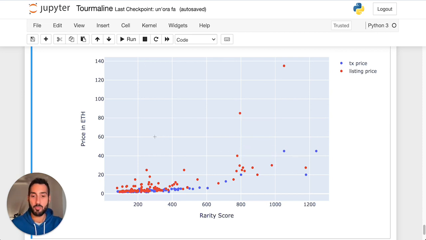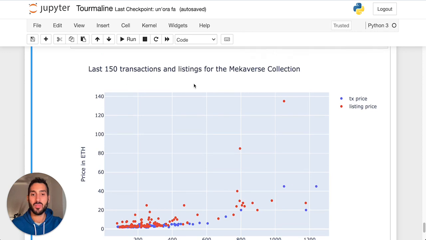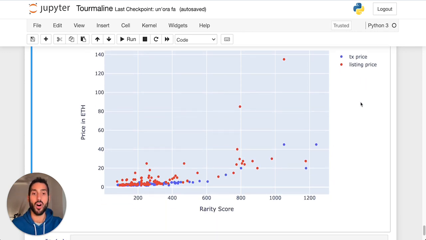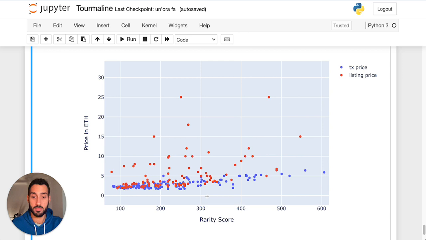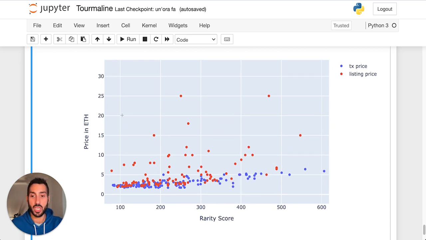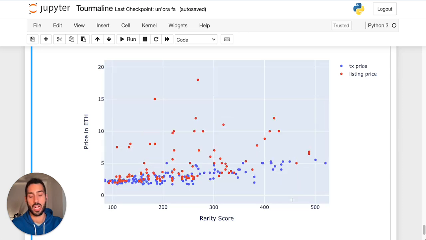And here is why. If the blue dots are the done deals, the red dots are the last 150 listings on OpenSea. This implies that some of them might be up still, some of them might be taken already by the time you watch this video. I don't know, but maybe there is an opportunity to look at these individual listing prices for the red dots, and see at which price level they are and how they compare.